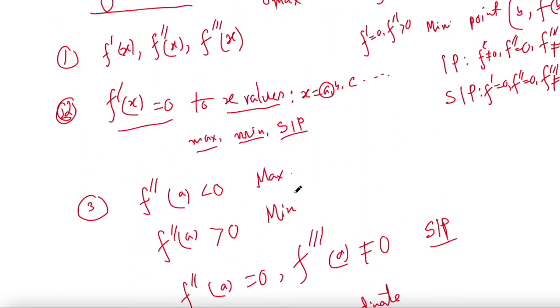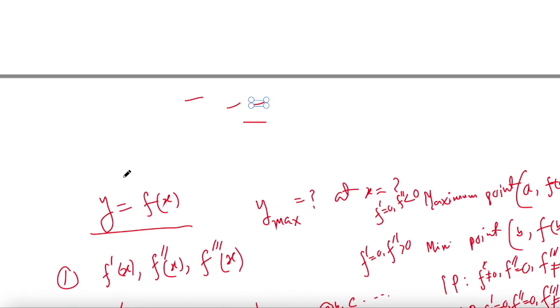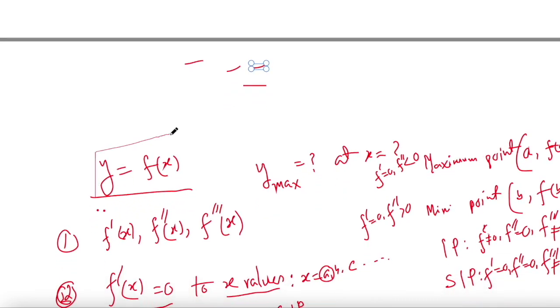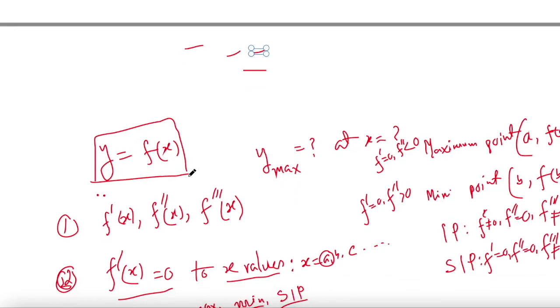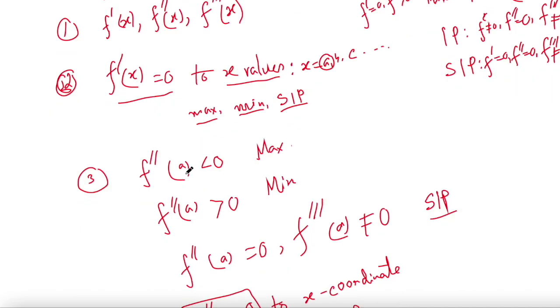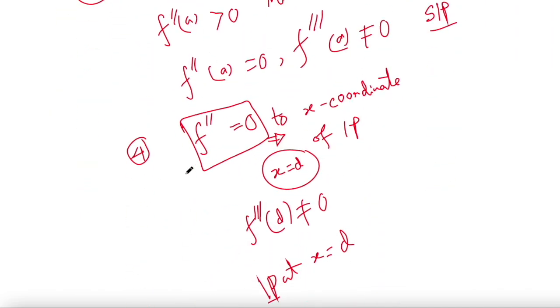If you put d in this given function, you will get the y coordinate of the maximum point or minimum point or SIP or IP. If you put the x coordinate in the given function, you will get the y coordinate of the IP.